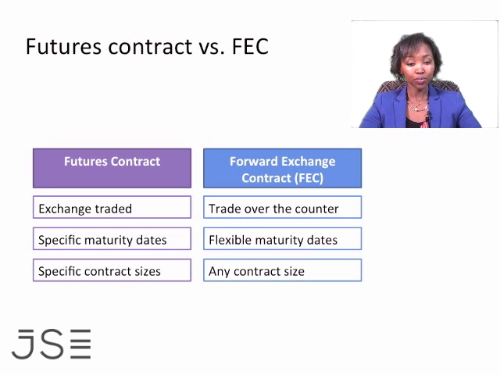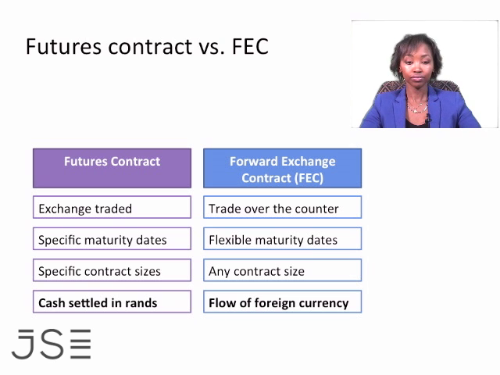And futures contracts, because they're standardized, come in specific contract sizes. So as we said, contract size, apart from the maxi contracts, is equivalent to 1,000 units of a particular currency. Whereas with FECs, you can trade any size.